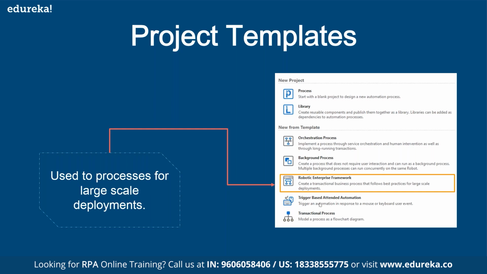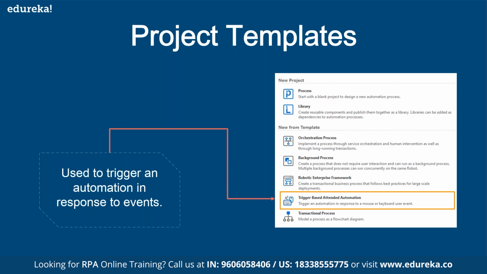Whenever you learn UiPath, this is one of the frameworks that every company is looking for from their resources. One should be expert in doing a project implementation with the Robotic Enterprise Framework, right? And this is used for larger deployments, right? And if at all you have some triggers based on which your automation should start, you can use this trigger-based automation.